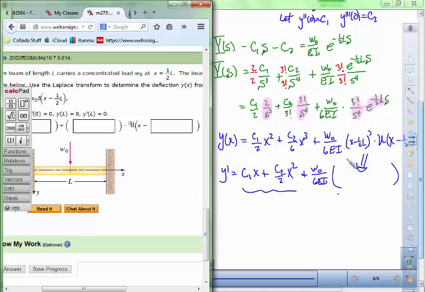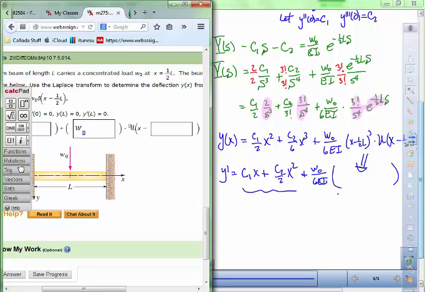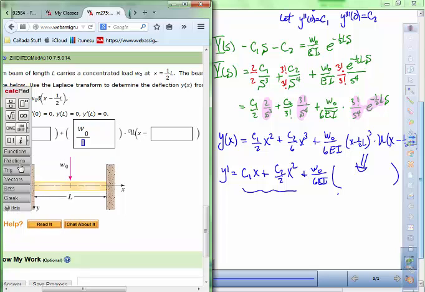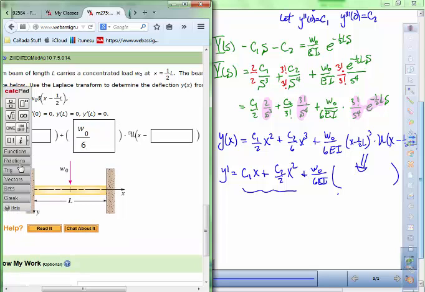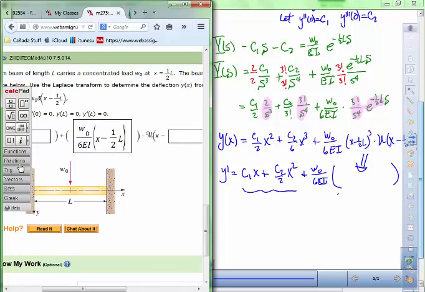So this is the coefficient of the step function, which looks like it's going to be W naught divided by 6 times E times I times X minus 1/2 L raised to the third power.